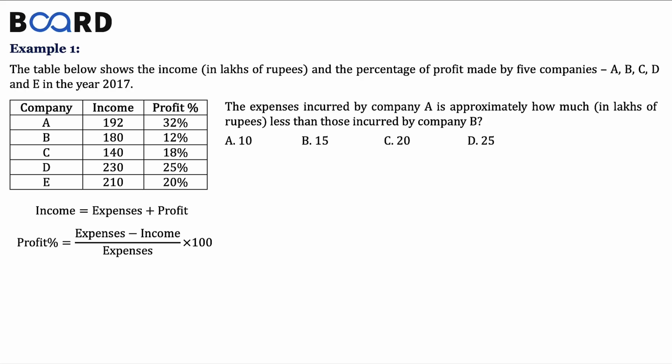Okay, so the year is 2017. There are 5 companies A, B, C, D, E. Their income means the amount of money they have gained, right? They have got from outside, which means that is to be considered as the selling price, the price at which you sell an article and you get money in return.